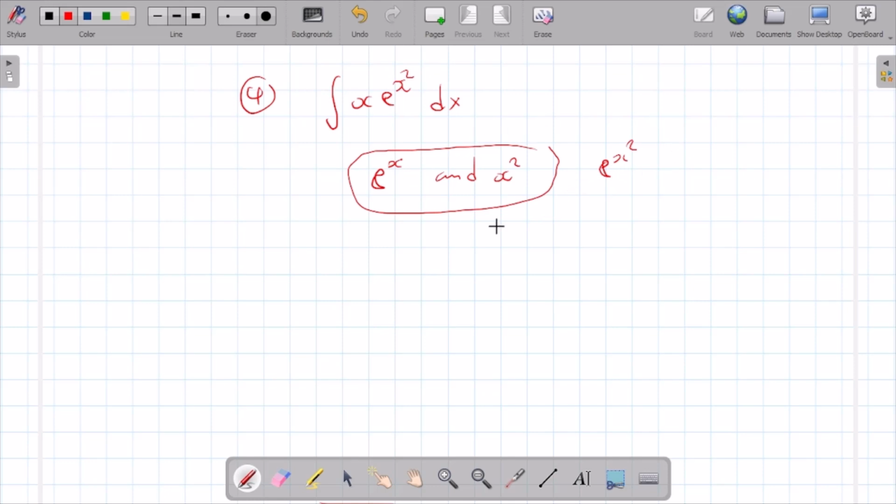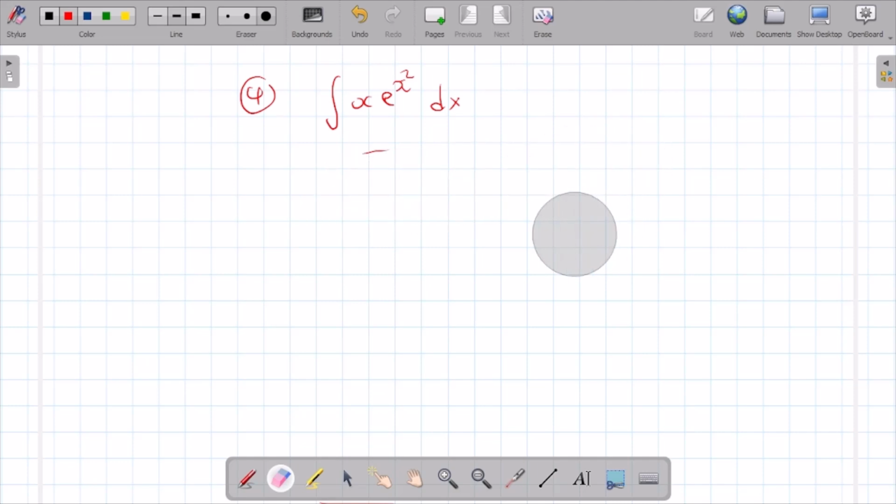Now whenever we have such, we always need to change some variables. Preferably we want to change the x to the power of 2, because we know how to find the integral of e to the power u. It's just e to the power of u. So we want it in that form. We want to change some variables before we find the actual value.